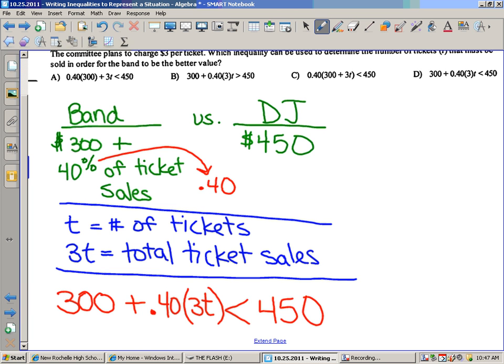Which one of those choices looks like that? Oops, I made a mistake, because the sign was facing the wrong way. It's D.